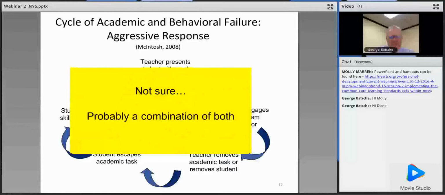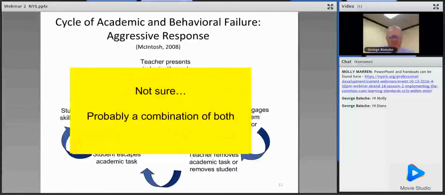I've given you some research, if you're interested in following up with it, that shows that if you address academic and behavioral strategies together, student achievement will be significantly better than if you only attack typically one of them.